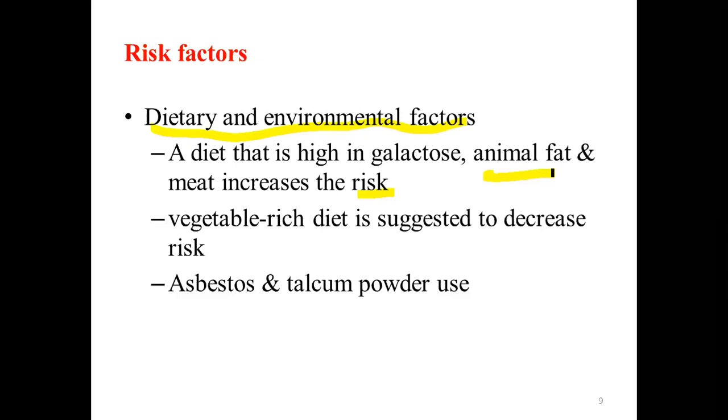Maybe if some of you are really interested, you can think about colorectal cancer, where nowadays there is a strong association between red meat and colorectal cancer. If someone is consuming red meat for a prolonged time, there is high risk of developing colorectal cancer. Okay, fine.